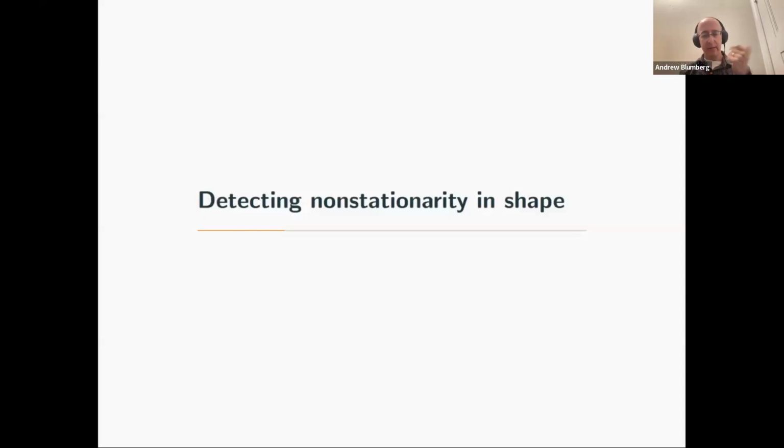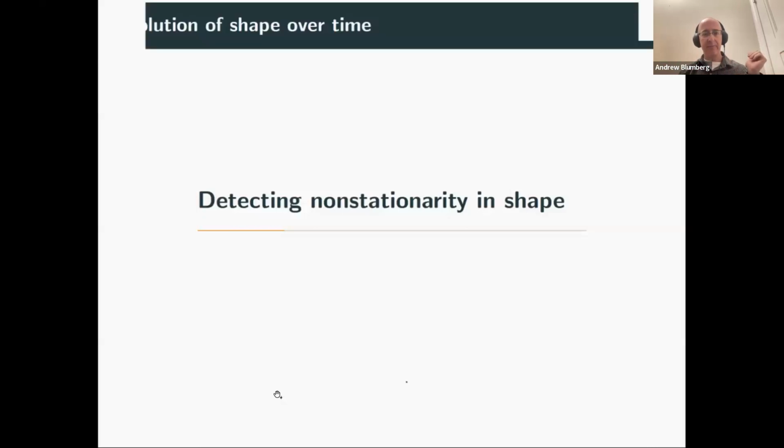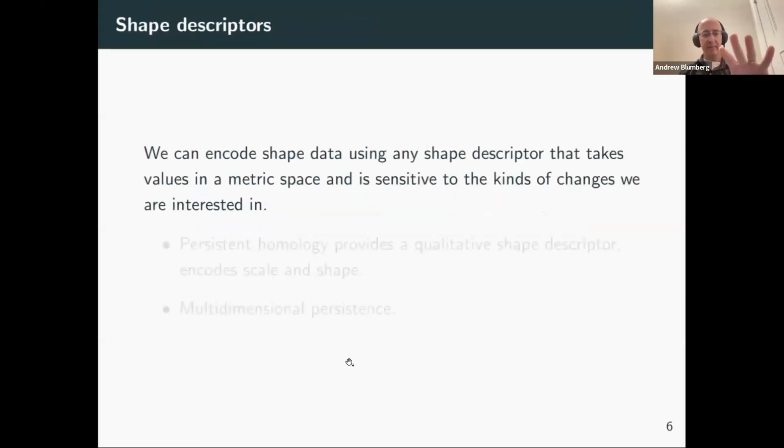But let me now give you some discussion of our framework. So we're going to encode shape data using any kind of shape descriptor that takes values in a metric space, and is sensitive to whatever kind of change we're interested in.